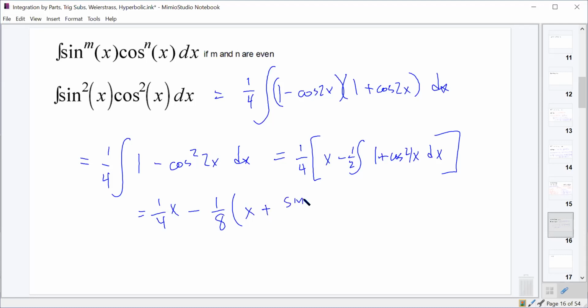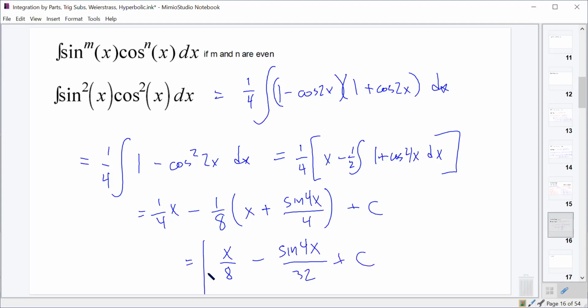Plus sine 4x over 4, plus our constant, gives us x over 4 minus x over 8 is just x over 8, and then minus sine 4x over 32 plus c. Don't forget plus c.